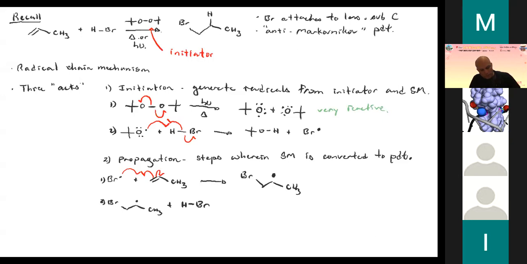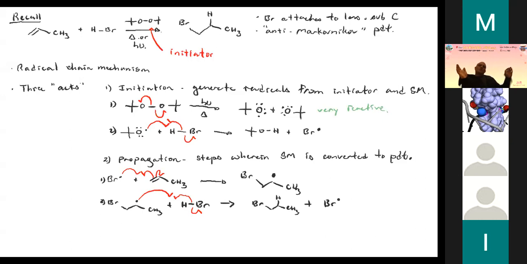So start from the radical, draw a fishhook, start from the H-Br bond, draw a fishhook, and then one more fishhook going to bromine, okay? And so that then gives me my product plus Br dot, okay?